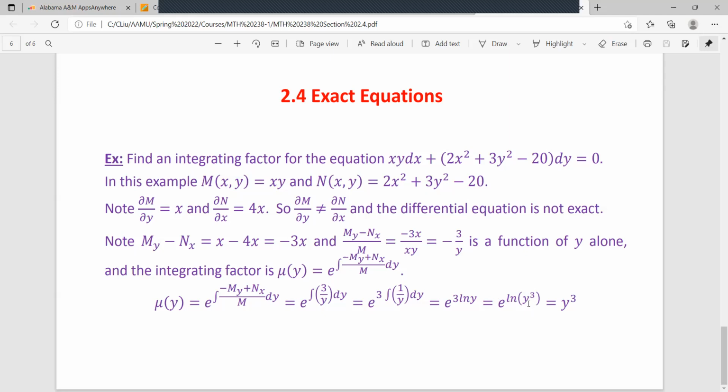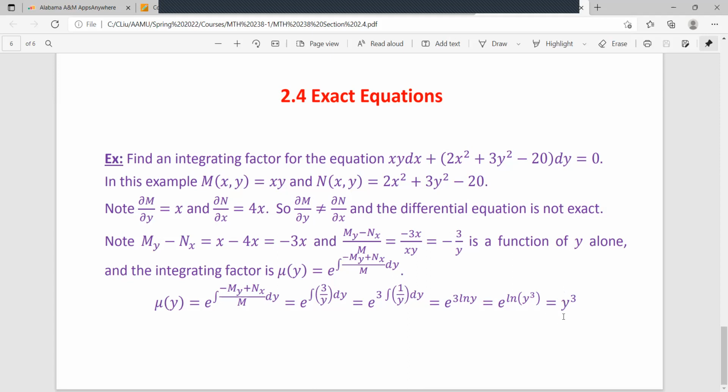If you remember the properties of inverse functions. So the final answer for the integrating factor in this problem is just y cubed. So that's the integrating factor for this exact equation.